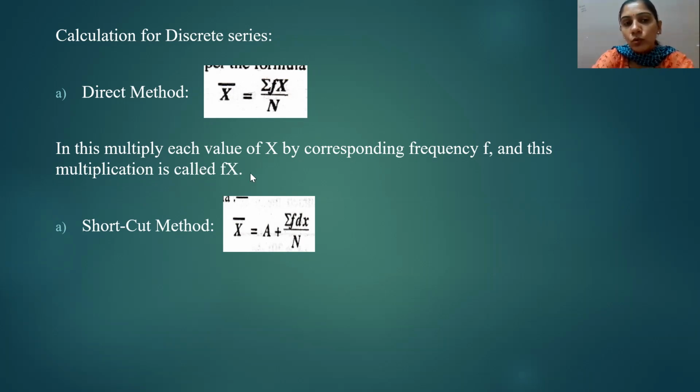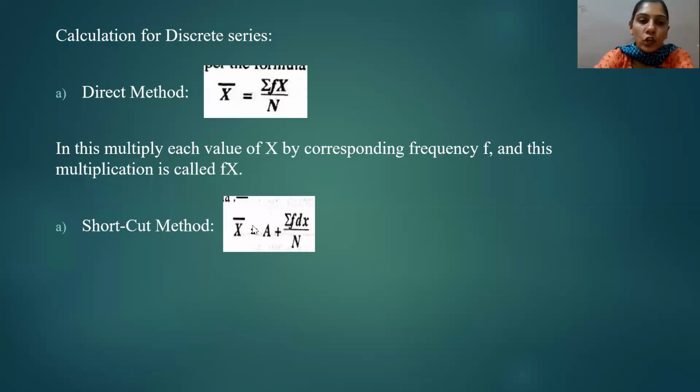When we add all the values of fx, it is sigma fx. So we multiply x and the frequency f to get the value of fx.